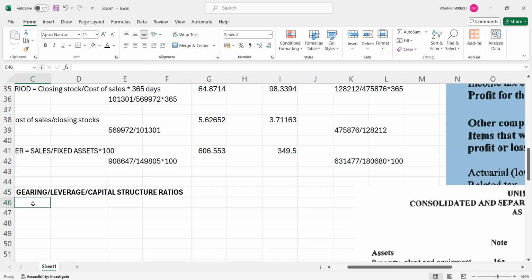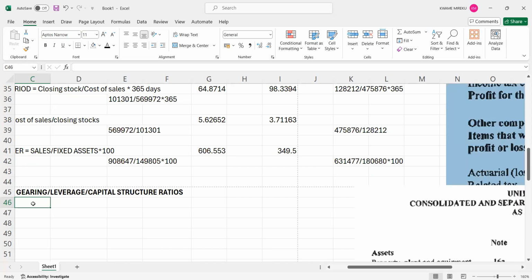Now let's look at gearing ratios, also called leverage ratios or capital structure ratios. This ratio is used to measure risk. Basically, in the financing of the company, do you have more of the owners' funds, or more of outsiders' funds?